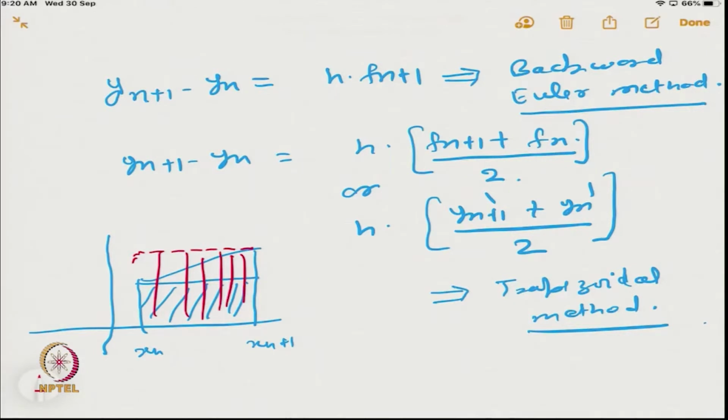Sometimes we choose the trapezoid, because this is the area of a trapezoid, that is why it is called the trapezoidal method. That is how these methods can be derived otherwise, with the help of numerical quadrature methods.